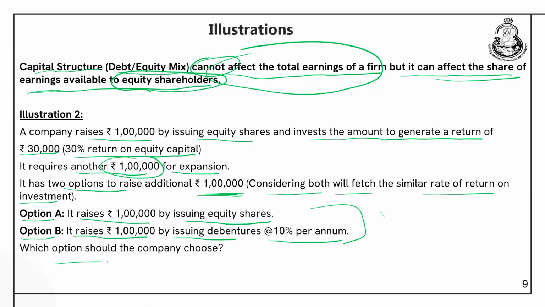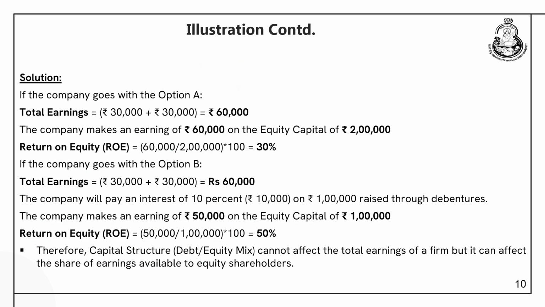Now, which option should the company choose? Whether it should choose option A, that is raise 1 lakh by issuing equity shares, or option B, that is raise 1 lakh by issuing debentures at the rate of 10%. Let us understand this. If a company goes with option A, it issues another 1 lakh through equity.